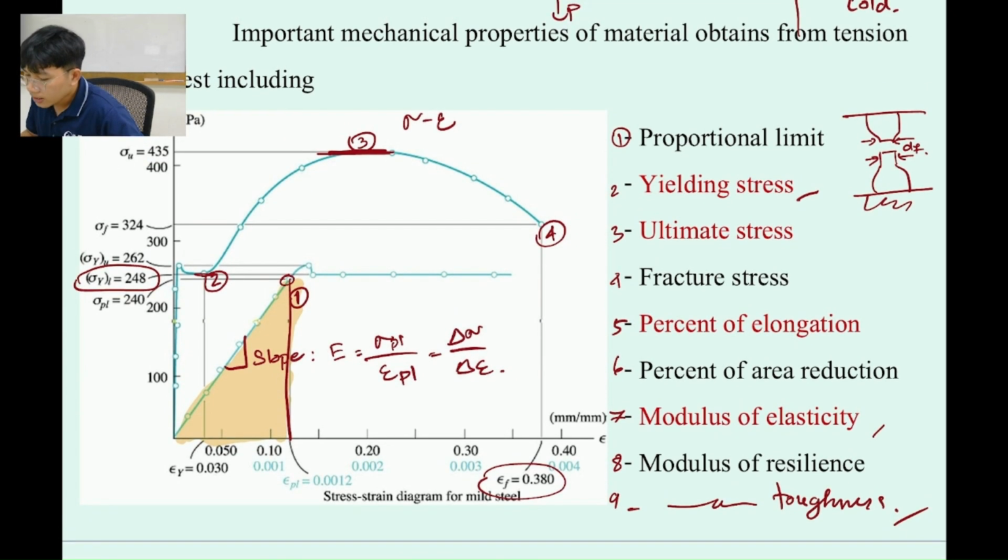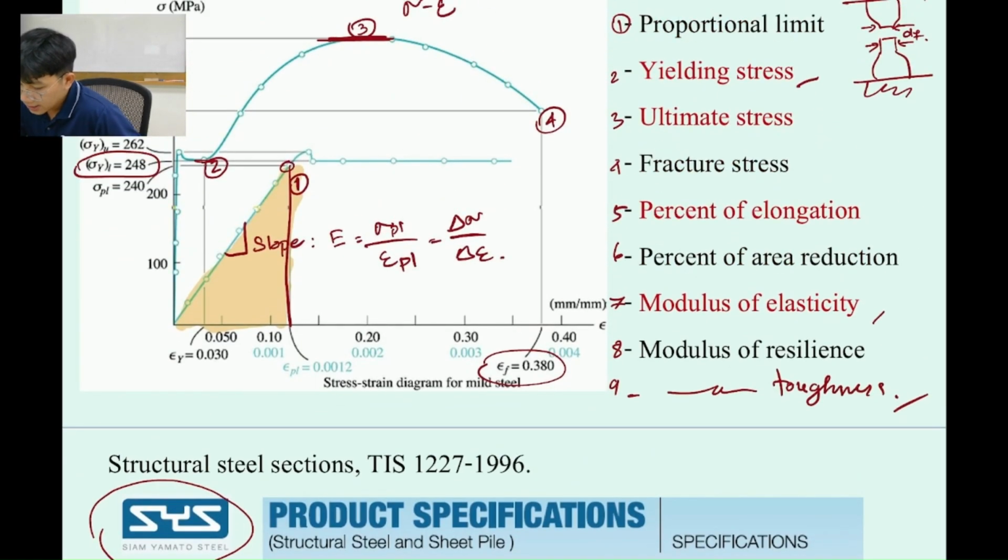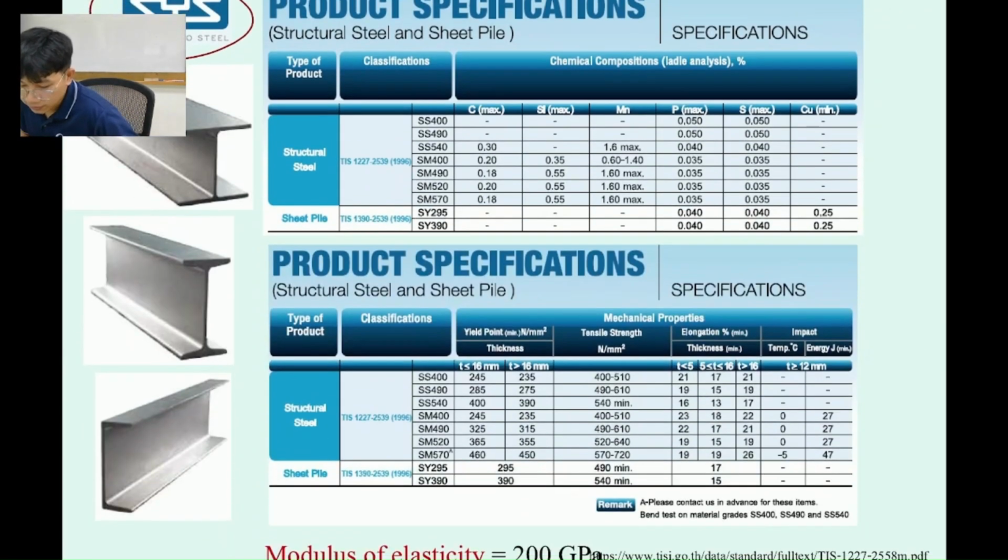Okay, and then if we look at any steel catalog, for example, like the SYS, which is the company under SCG, you can see that they normally specify the yielding stress, ultimate stress, percentage elongation, and modulus of elasticity for you. For example, like this.